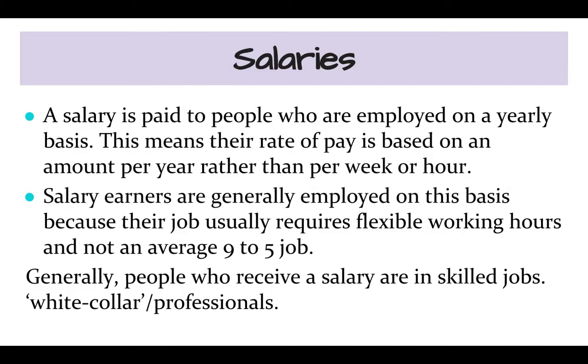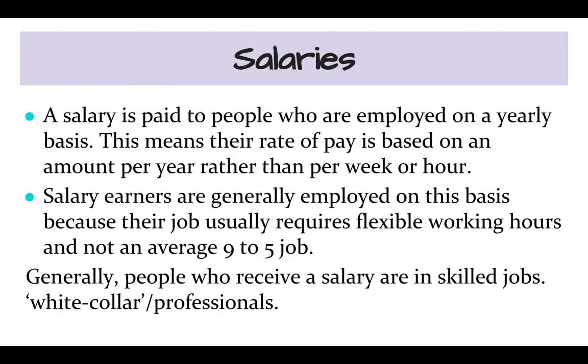Okay, a salary is paid to people who are employed on a yearly basis. This means that their rate of pay is based on an amount per year rather than per week or hour. So I get paid on a salary. Salary earners are generally employed on this basis because their job usually requires flexible working hours and not the average 9 to 5 job.